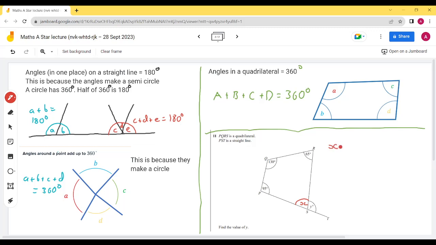We can say x equals 360 minus, and then we got 130 plus 65 plus 95. Well, that's going to give us 230, 290, so minus 290, and so equals 70 degrees.